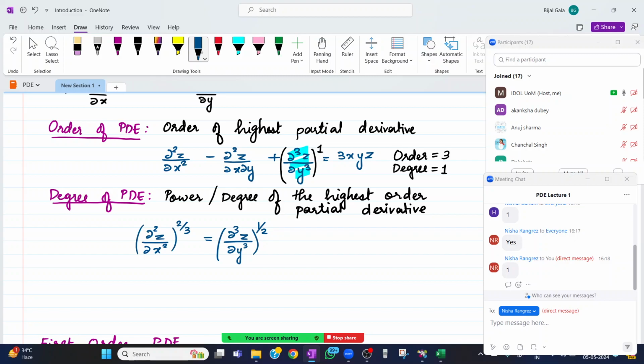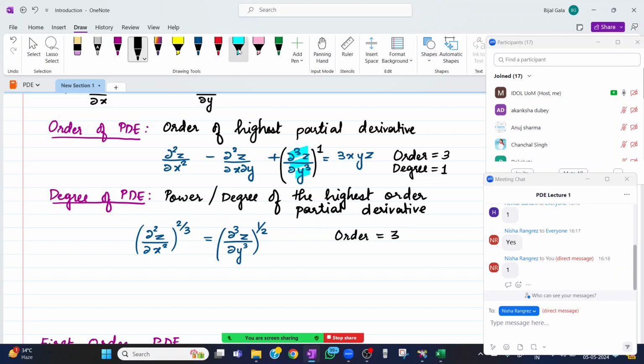Now, tell me what is the order of this particular equation? Yes, please. What's the order? Three. Order is 3. Very good.